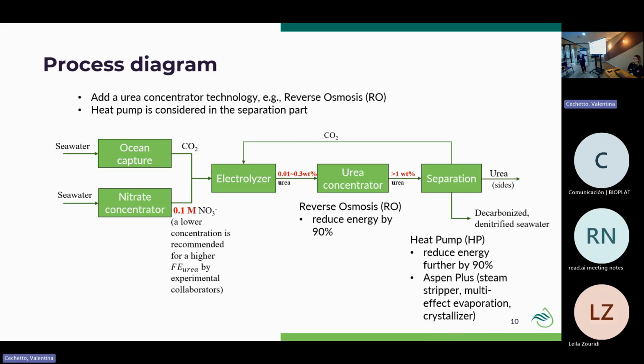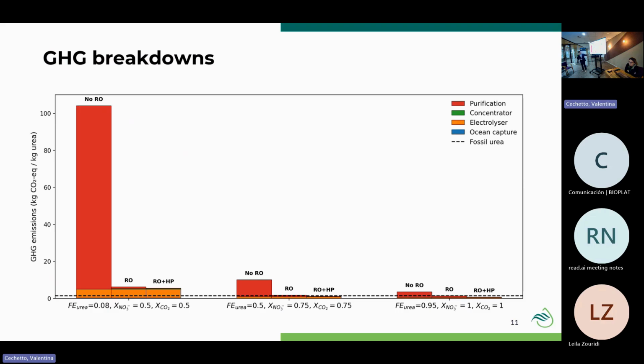And with the heat pump in the separation, basically for the evaporation, we can further reduce the energy consumption by another 90%. And also followed by multi-effect evaporation and a crystallizer for the urea purification. And this time we can see still 3 scenarios, where the x-axis is the performance improvement direction for the electrolyzer, and the y-axis is still the greenhouse gas emissions.